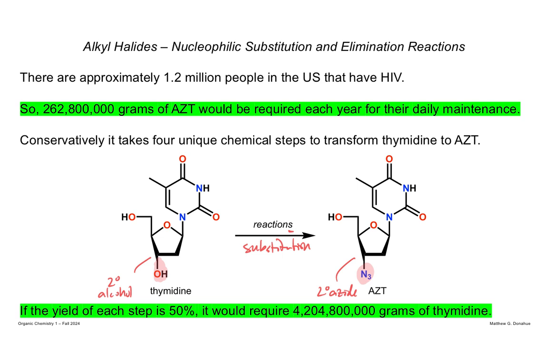If you'll notice, there's 2 alcohols in here. You have the primary alcohol and the secondary alcohol. And you specifically want to substitute at the secondary alcohol and not the primary, so that is an issue.